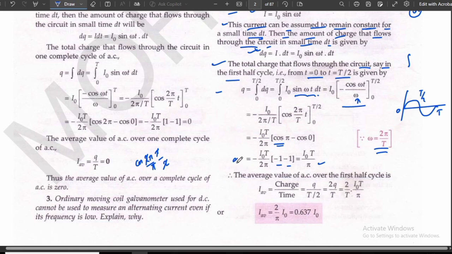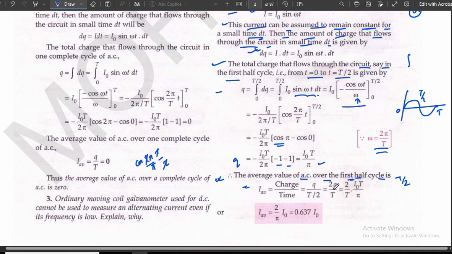So we have the total charge Q. Now the average value of AC over the first half cycle: I average will be charge over time. Charge is Q and time is the first half cycle, T by 2.